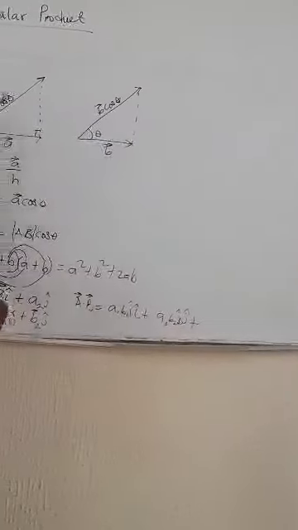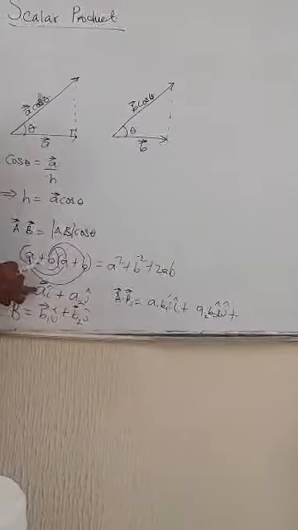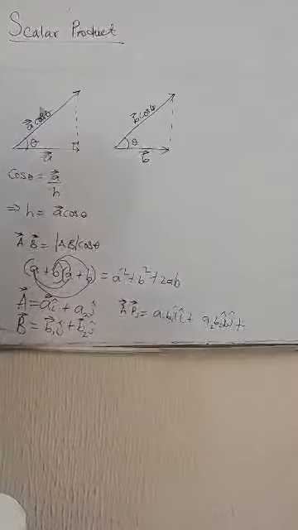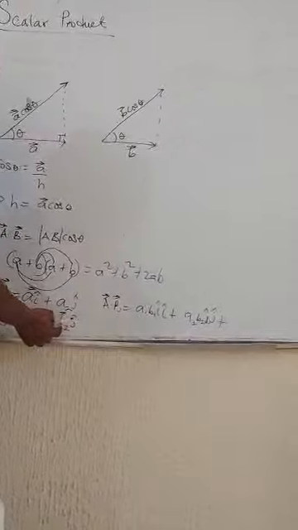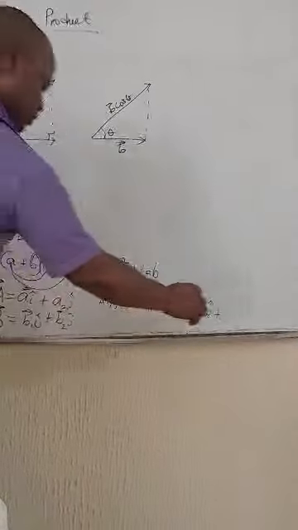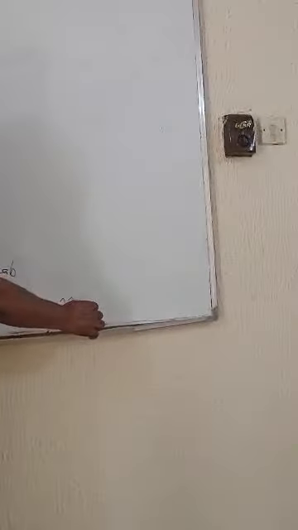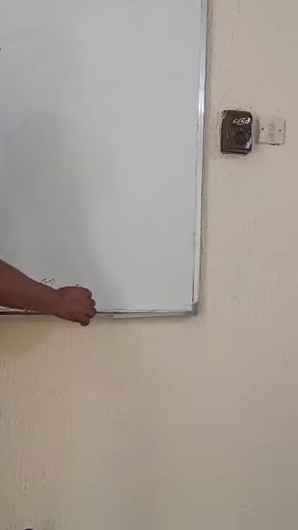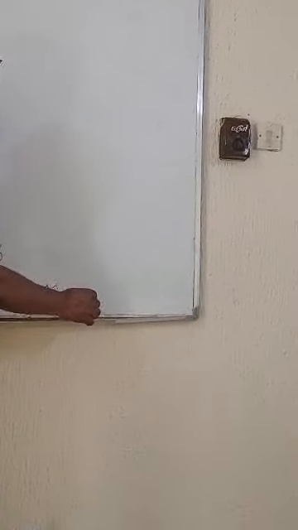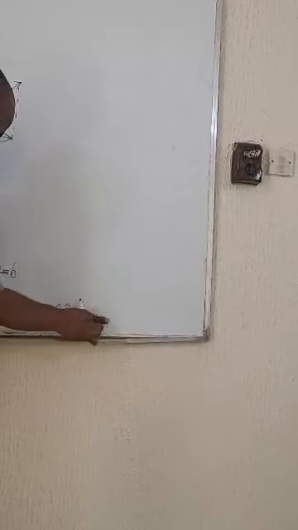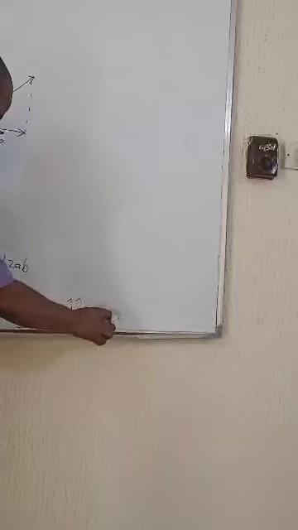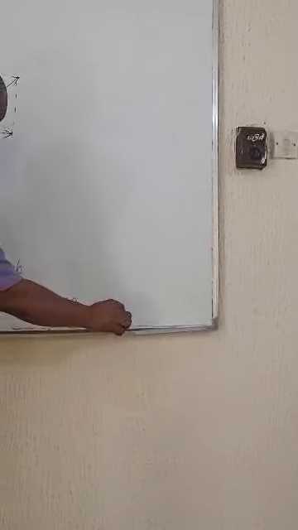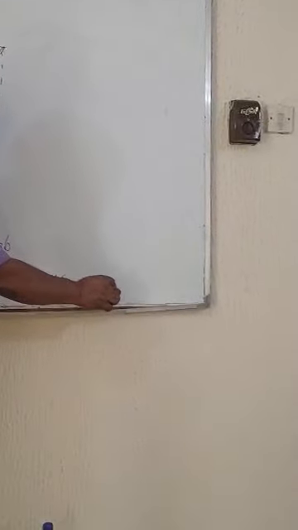Then plus this other part, we are supposed to have A sub 1 i hat times B sub 2 j hat. So let's call this part A sub 1 B sub 2 i hat j hat.